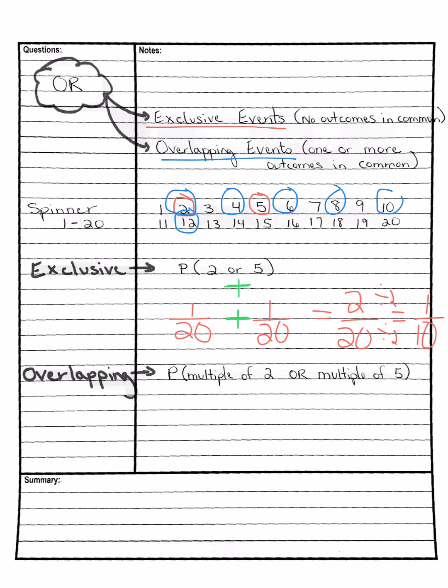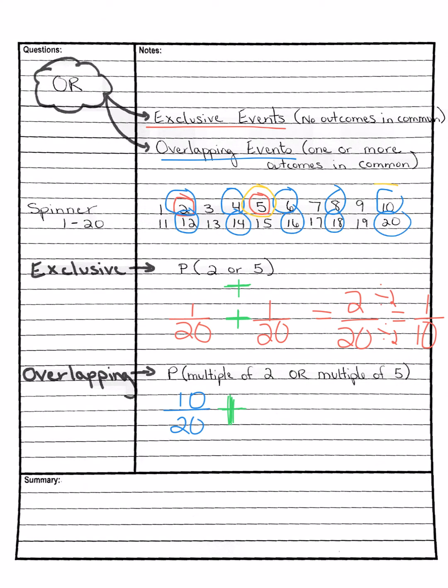These are all multiples of 2. So how many did I circle? I circled 10. How many total are on the spinner? 20. Remember, this is an or, so we're going to add. So we want to get a multiple of 2, or, and I'm going to use the color yellow, a multiple of 5. So I'm going to circle the multiples of 5 in yellow.